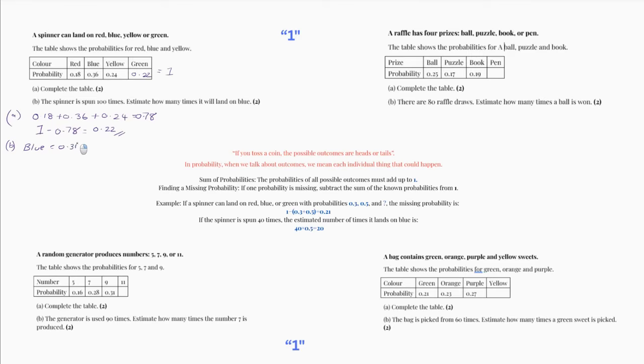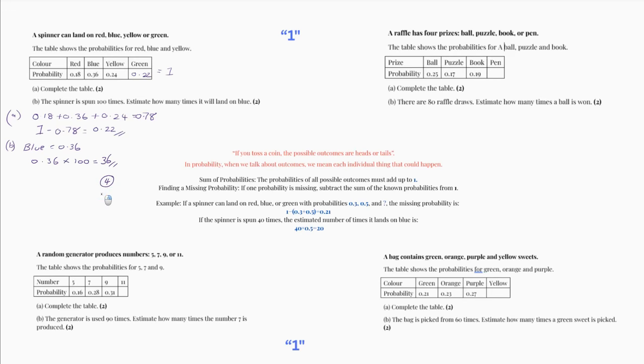And it's asking us if it is spun 100 times, how many times will it land on blue? So all we're going to do with that 0.36 is times it by 100. Yep, that's simple, guys. So the answer to that comes to 36. And that, my friends, is 4 marks in total.